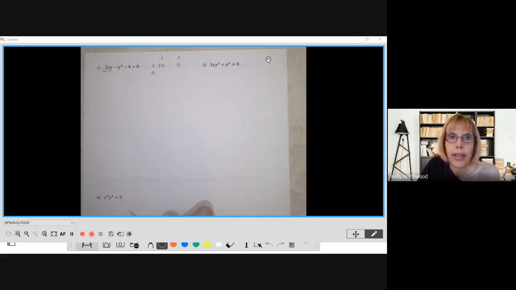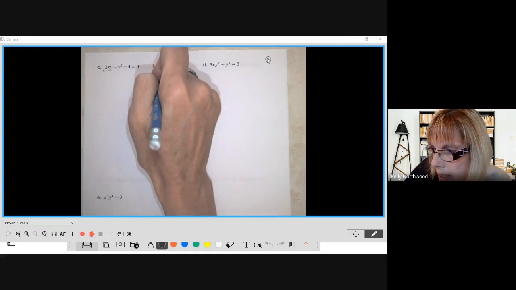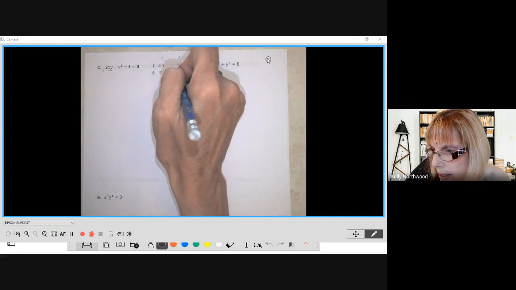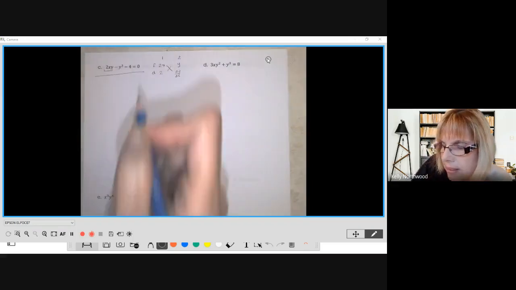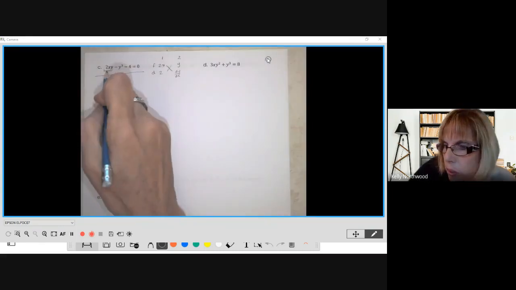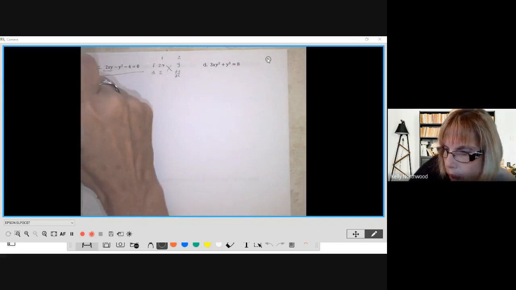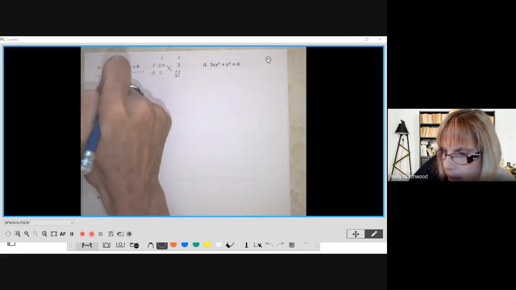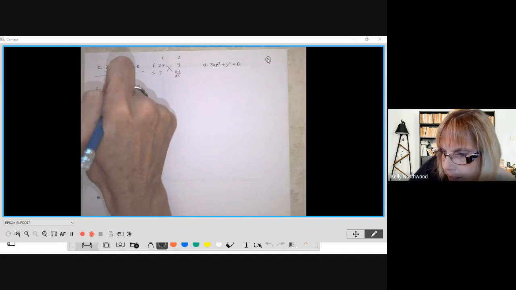And the derivative of 2x with respect to x is 2, and the derivative of y with respect to x is dy by dx. So if I go and find the derivative now, the derivative of 2xy is going to be 2y plus 2x times dy by dx.